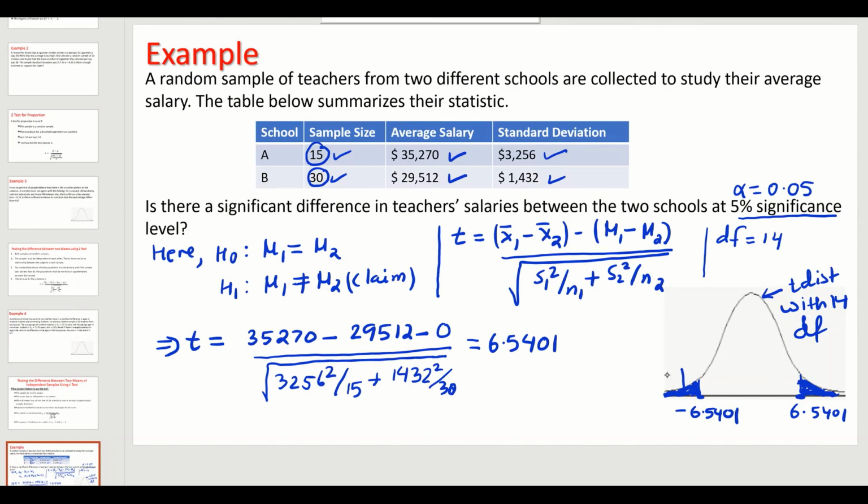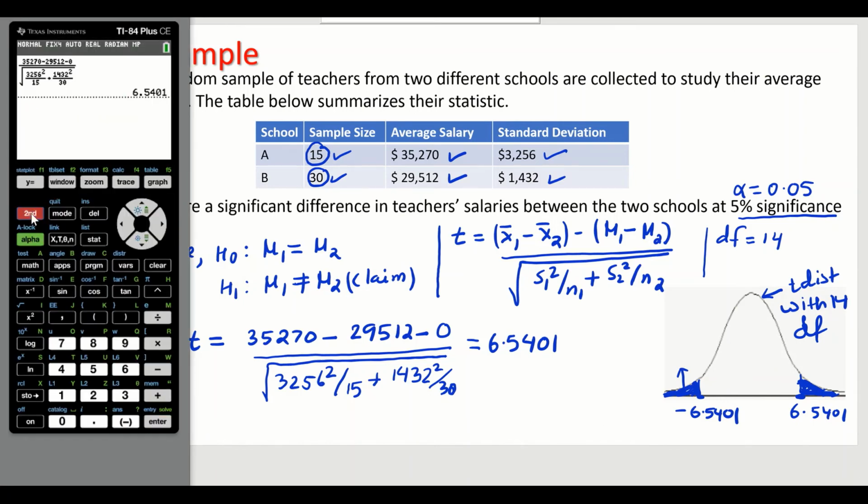So let's find it using the t distribution. We do second, then vars, and then tcdf, which is number 6. Lower limit negative infinity, upper limit negative 6.5401. Degrees of freedom is 14.